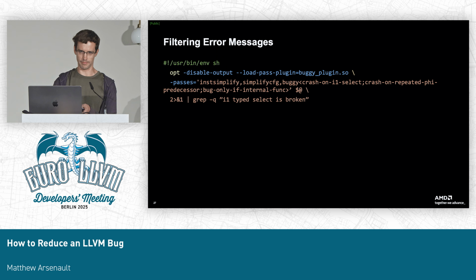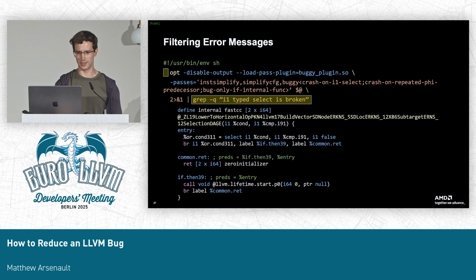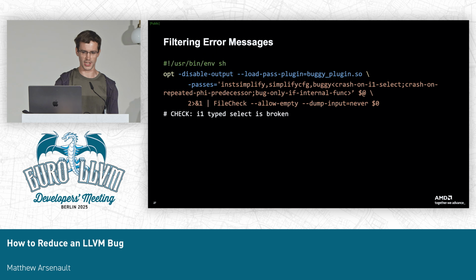So if we grep the error log for the error message and remove the inverted condition code, now we're looking specifically for this problem. And use grep -q to reduce the amount of printing spam that happens while it reduces. Then we can run that through, and we get this reduced test case, which finds the correct failure. You can also, if you don't want to depend on a system tool, redo the same thing with FileCheck, and you get identical results.